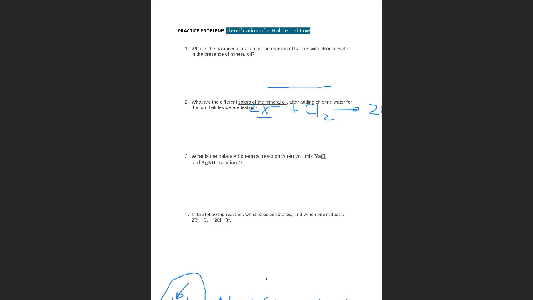And we know that 3 of the 4 halides will form an insoluble salt. If this is, let's say, chloride, we are going to form a precipitate that is silver chloride.